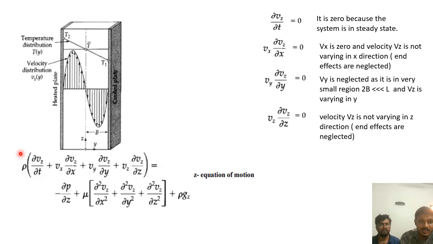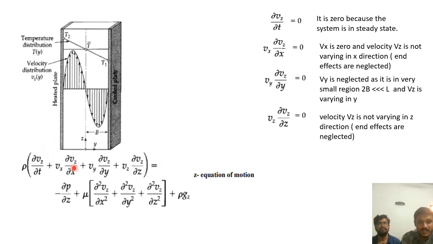Now in this equation, we have a lot of terms that are zero. Let's see one by one which terms are zero and which terms are non-zero. The first term, dou vz by dou t, is zero because of steady state. Our system is assumed to be at steady state.